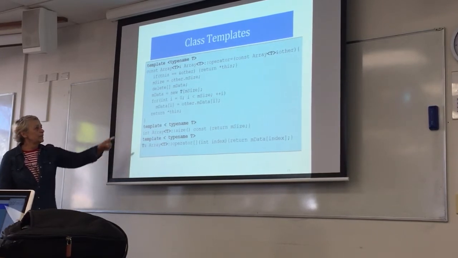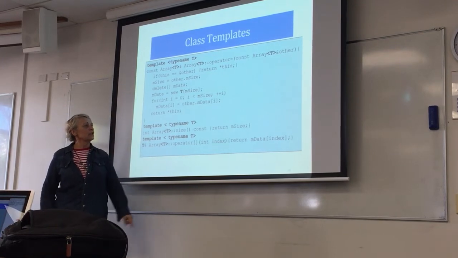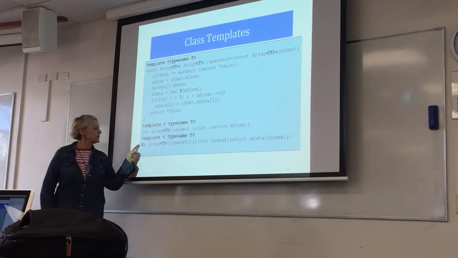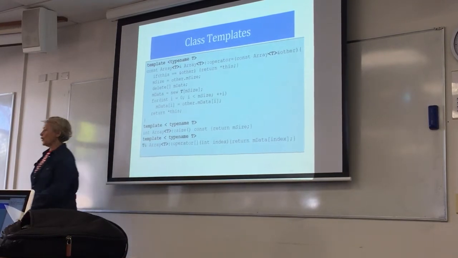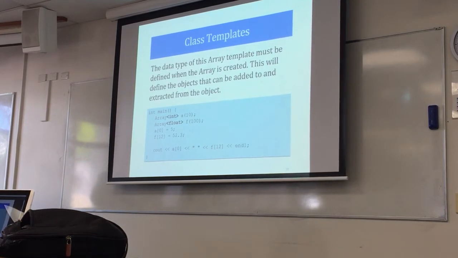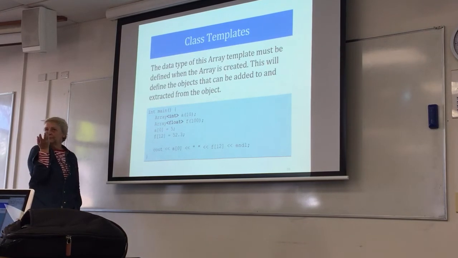Returning the number of elements, and the last is index operator. As you can see, nothing changes here, just the return value has to be T and everything else works. Now with that kind of conversion, we can construct array of integers, array of float, array of students, array of whatever type you have defined.